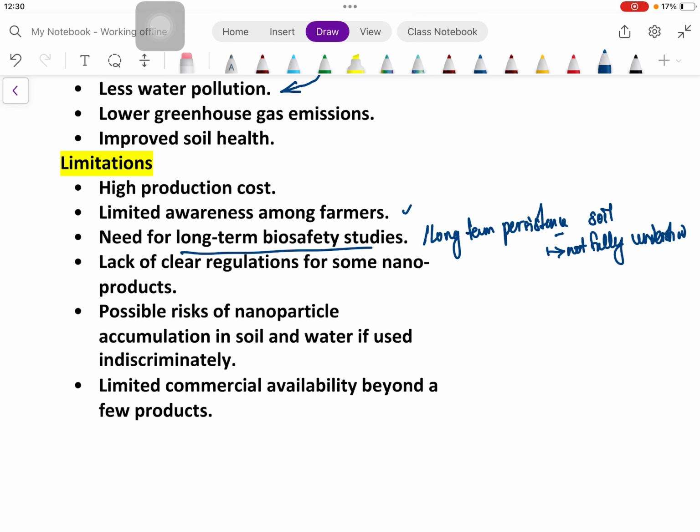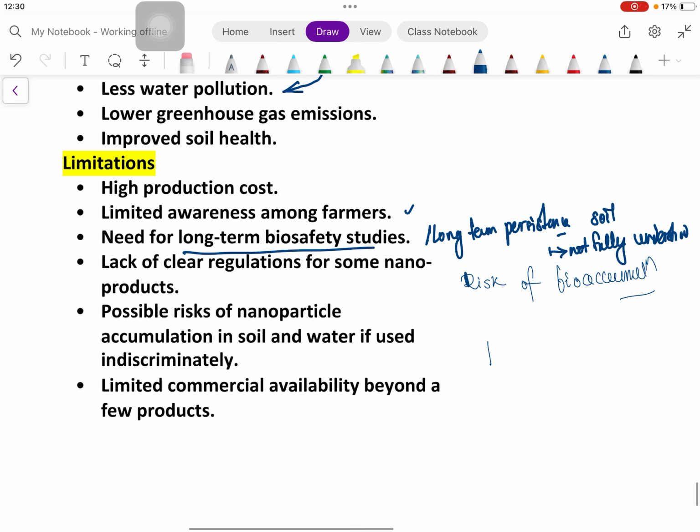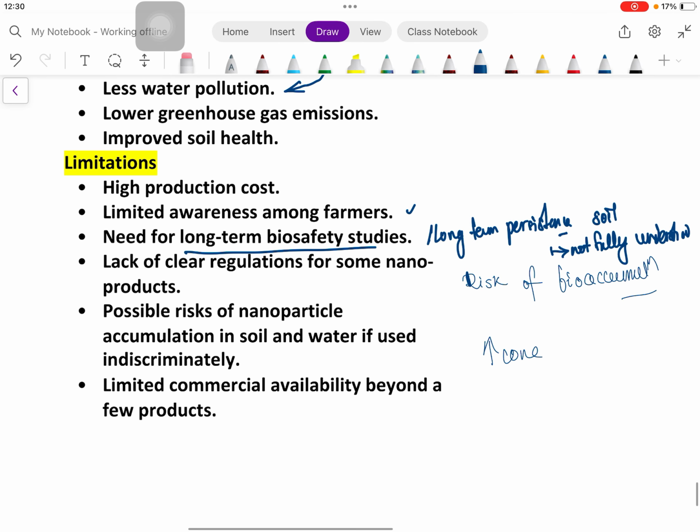Similarly, there is risk of bioaccumulation, as we have seen here, possible risk of nanoparticle accumulation. Another thing is that we think the more the nano, the more the productivity. That is not true, because when the concentration is increased very much, the plant can absorb it easily, so phytotoxicity can be common in nano products.